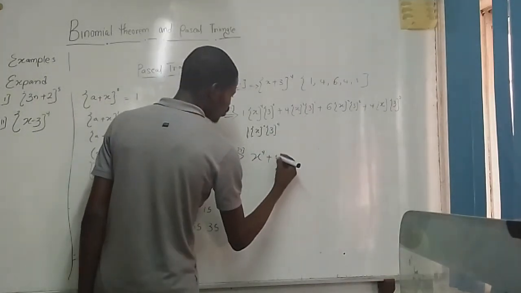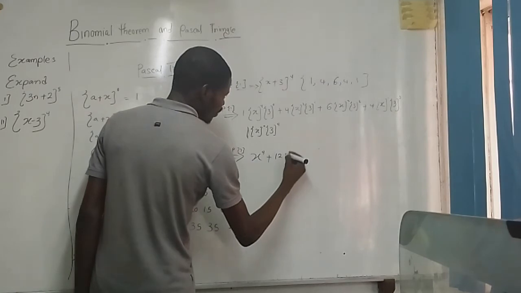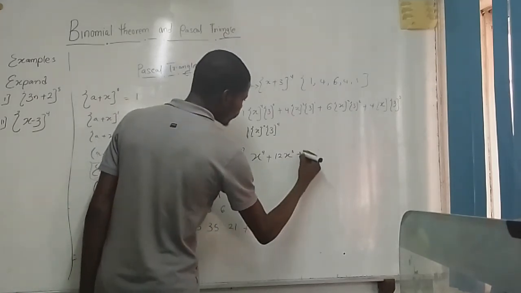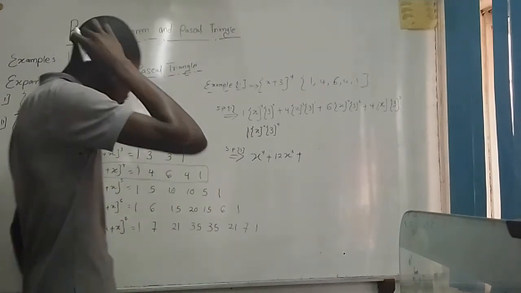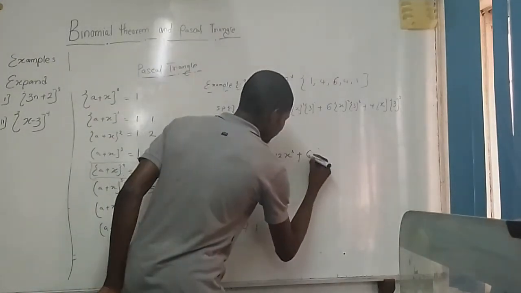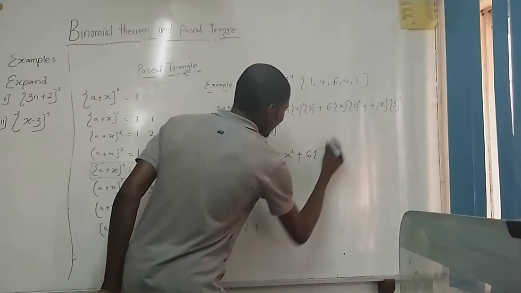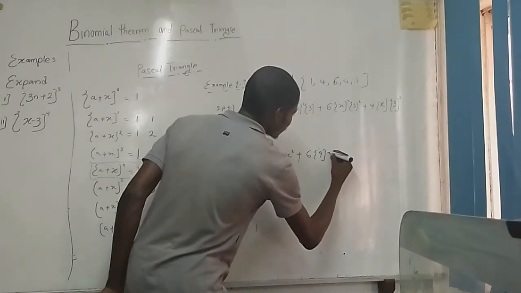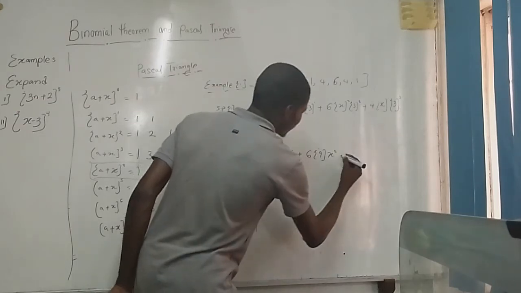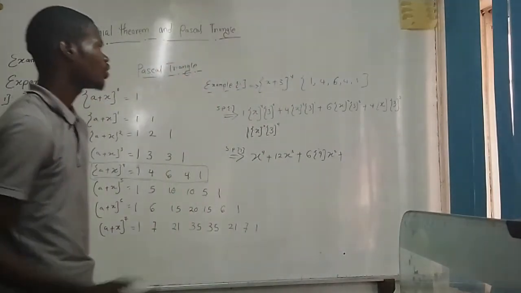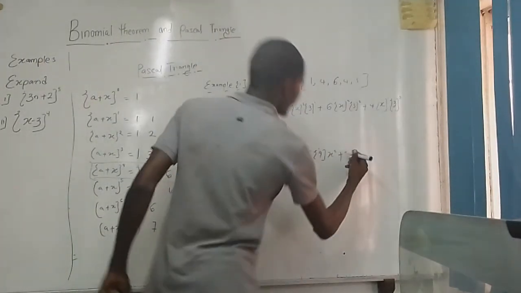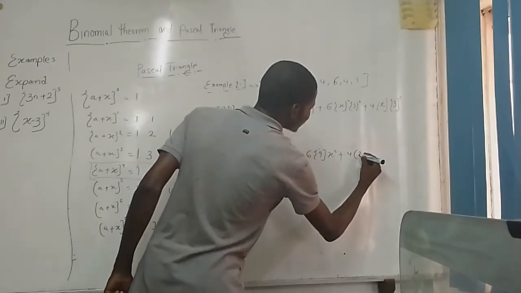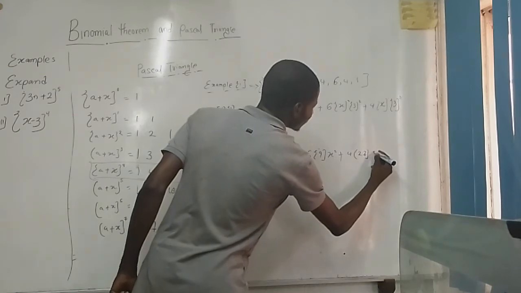This times this is going to give us what? 12x raised to power 3, plus 6 times 9 will give us what? 54x squared, plus 4 times 27 will give us 108 times x.